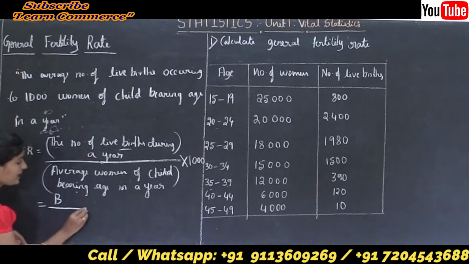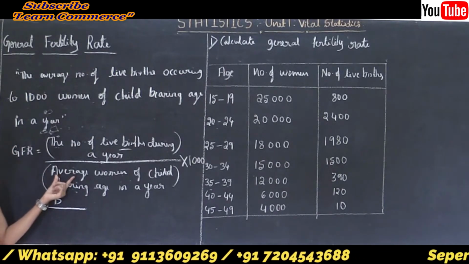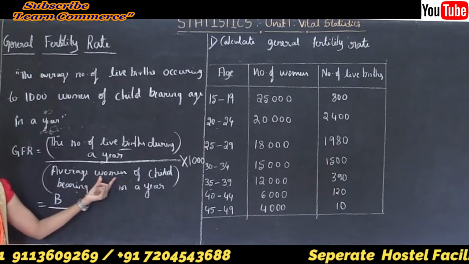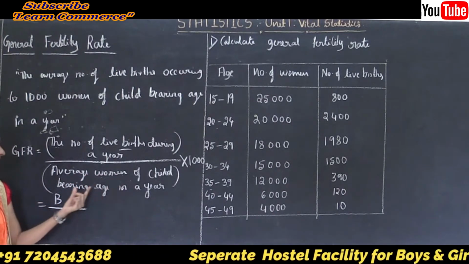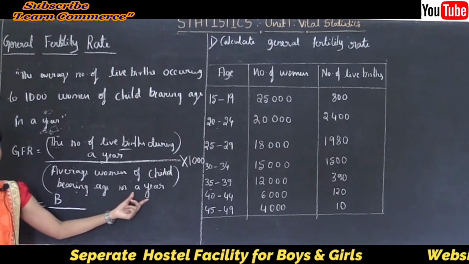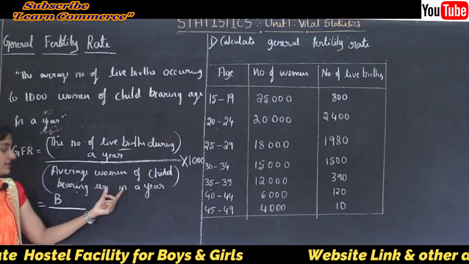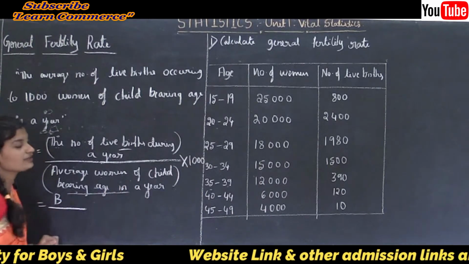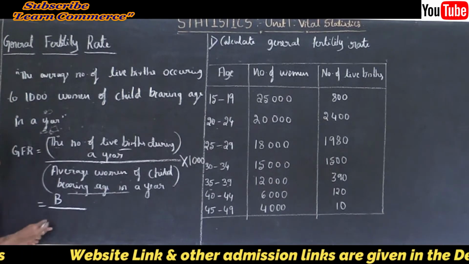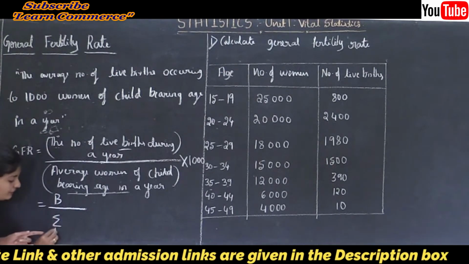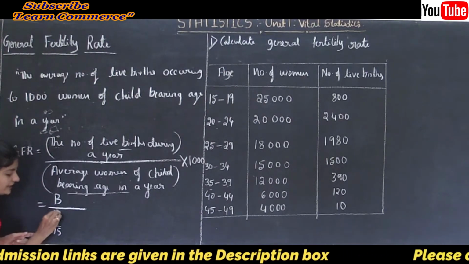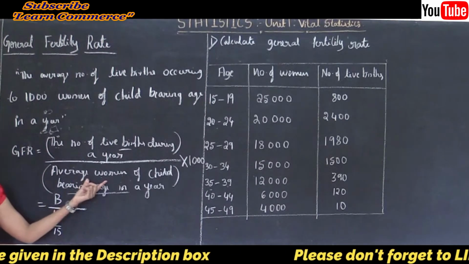Divided by the average number of women of childbearing age in a year, the women population in the childbearing age. We know that childbearing age is between 15 to 49 years, and this is based on female population.